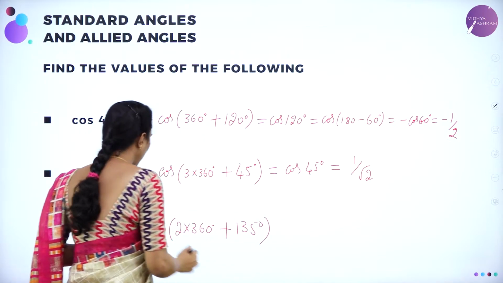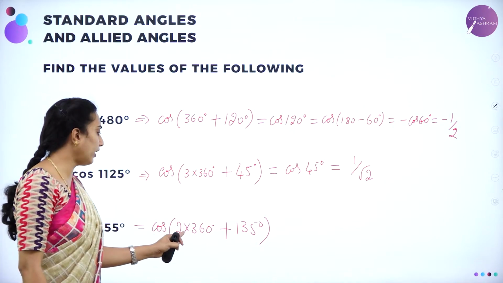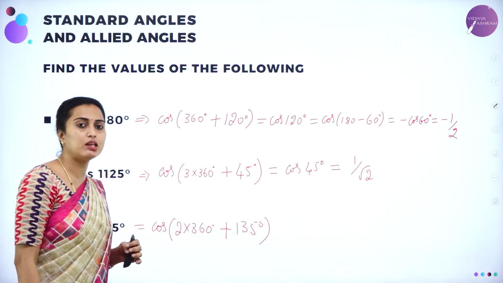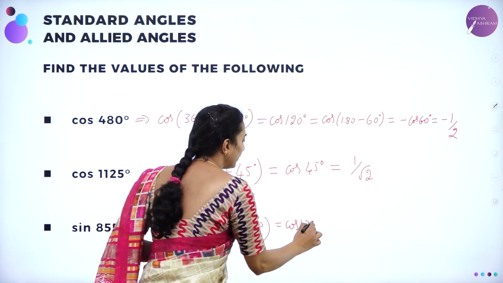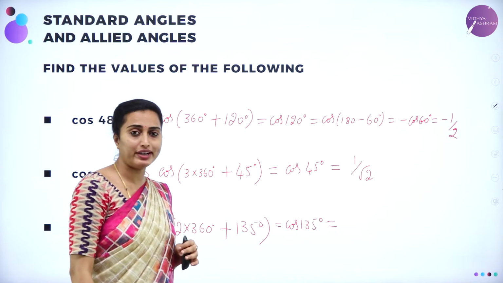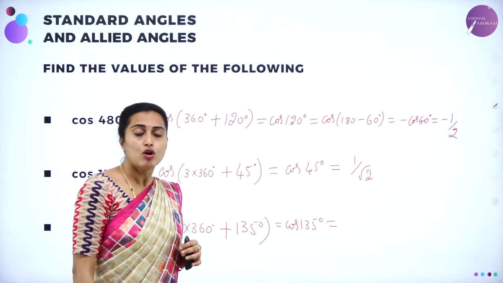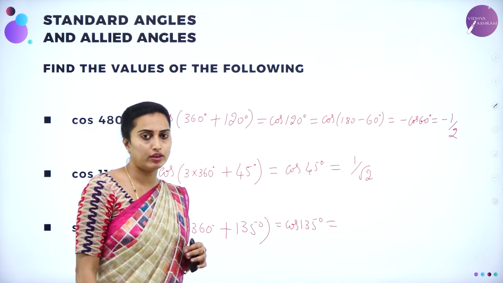Which will give you 855 degree. Now, here cos of n into 360 plus theta is nothing but cos theta. Therefore, here you are getting cos 135 degree. Again, cos 135 degree, either you can write it as cos of 90 plus 45 or as cos of 180 minus 45.